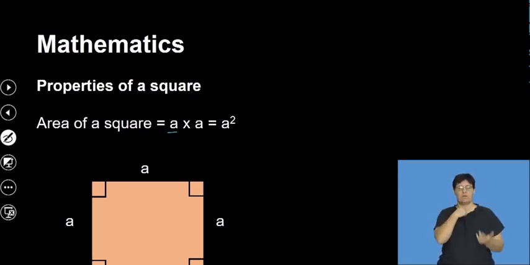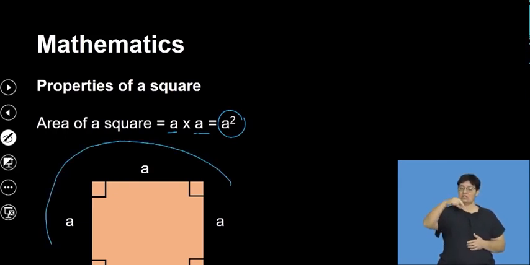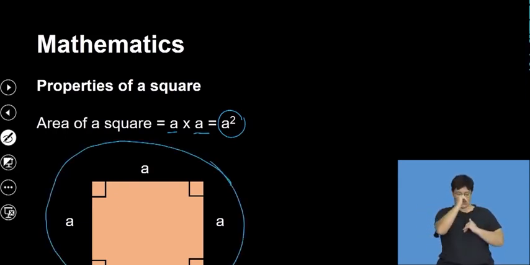Hence, it becomes a multiplied by a, which gives me a to the exponent of 2. This is a big idea. This is where the a squared comes from: because of the concept of a square, we are taking a and we are squaring it. That's what we are trying to do here as the big idea.